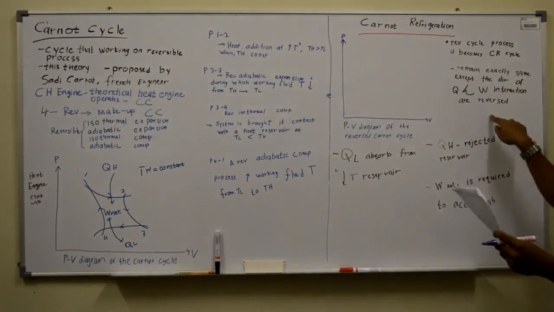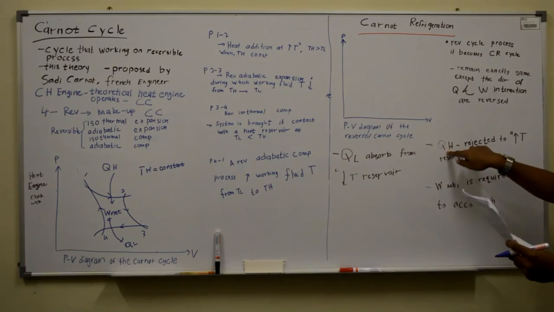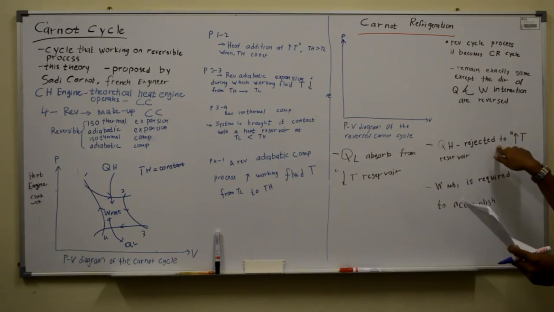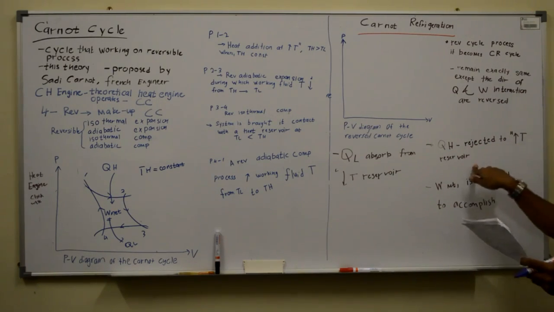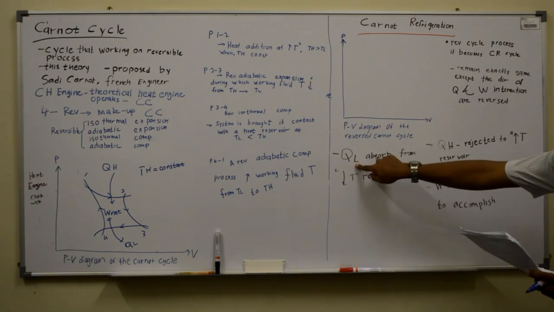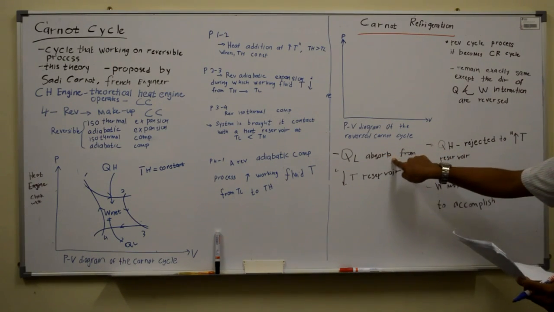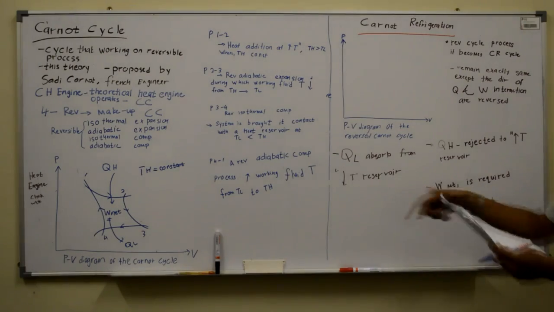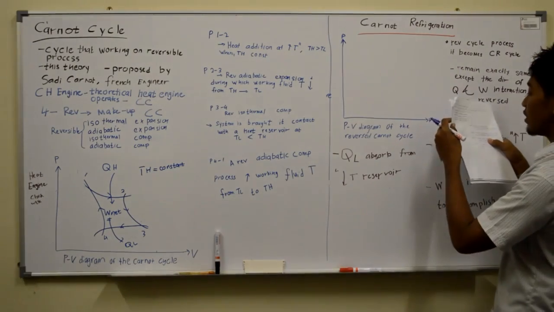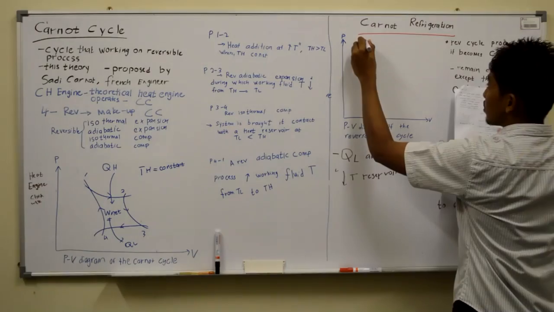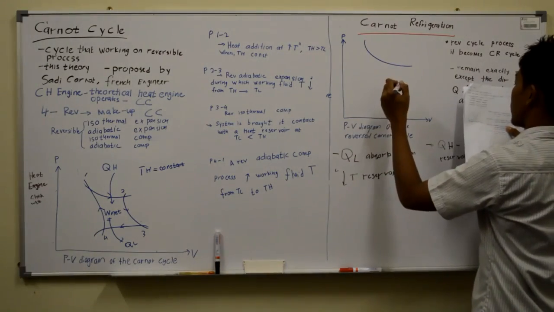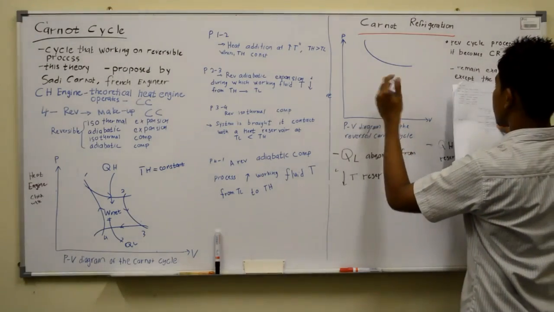So high heat is rejected to a high temperature reservoir, while low heat is absorbed from the low temperature reservoir. And I will draw the PV diagram. This is the process from 1 to 2.